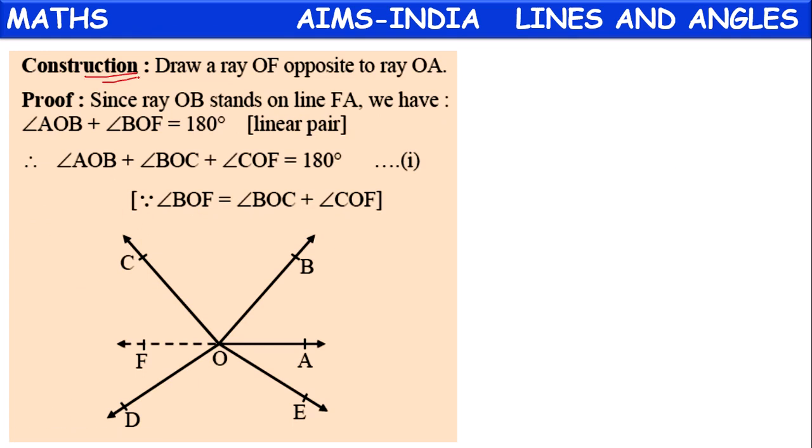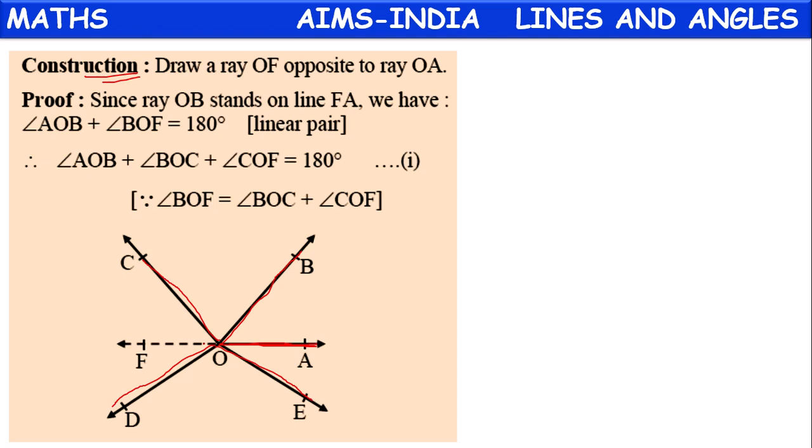Construction. For this we have to make a small construction. This is OA, OB, OC, OD, OE. They have given 5 rays, children.